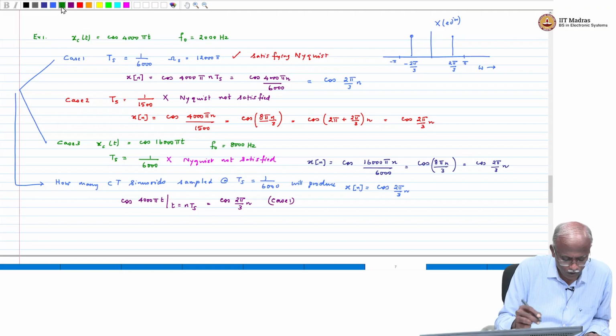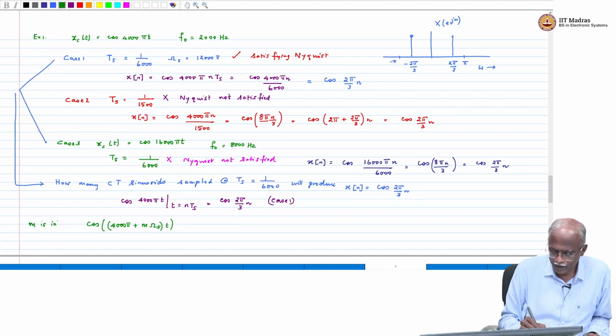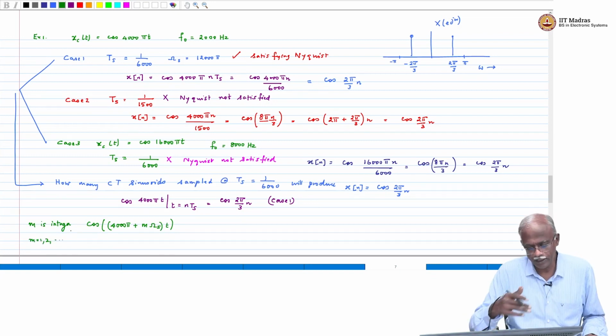Now I want to look at the following: cosine of 4000 pi plus m times omega s, into t. Okay, so m is an integer. M is an integer. Okay, so m can be 1, 2, and so on, any multiple.